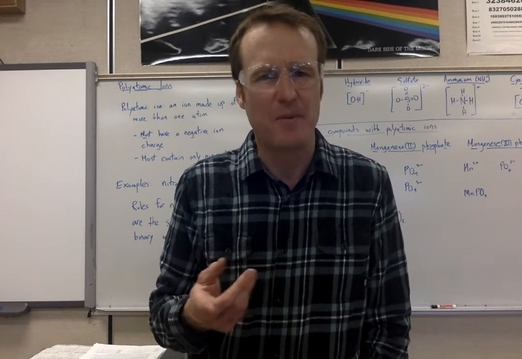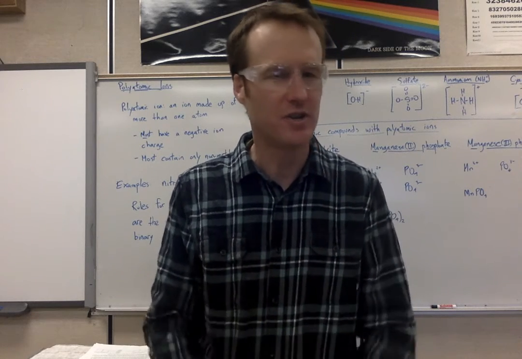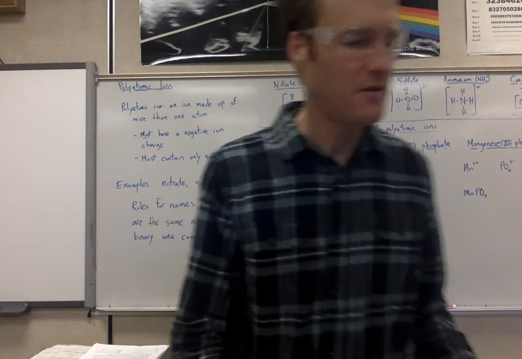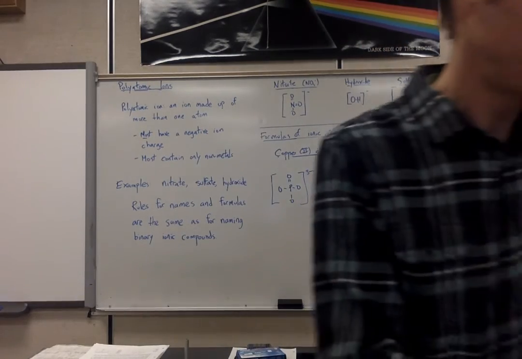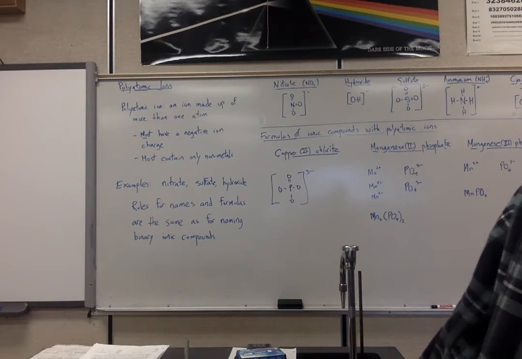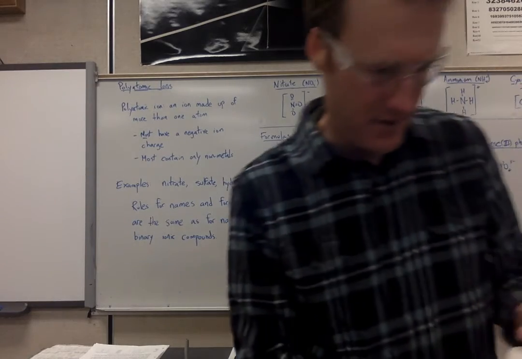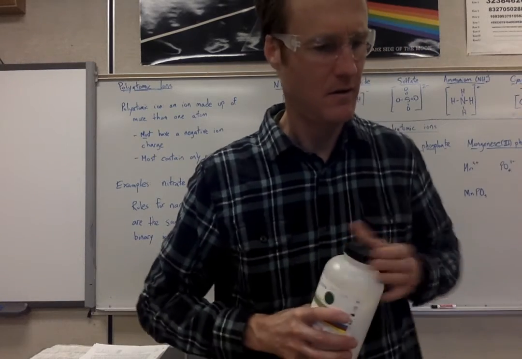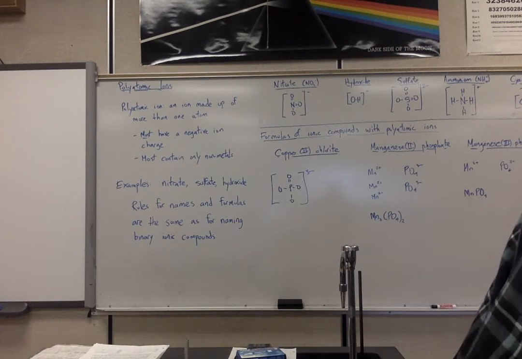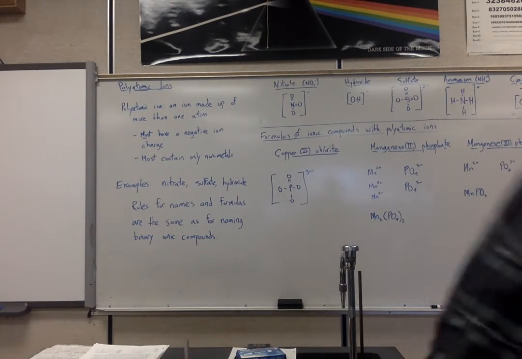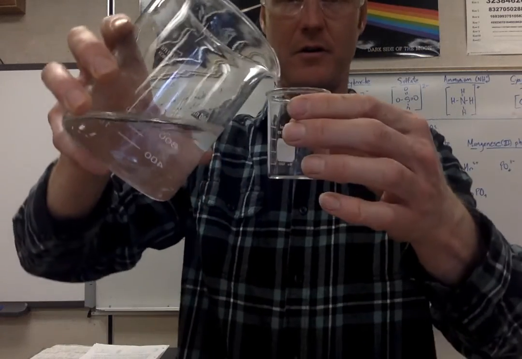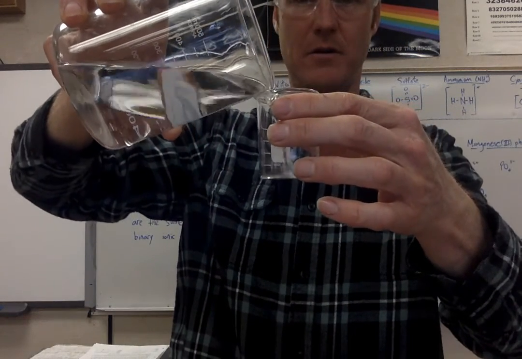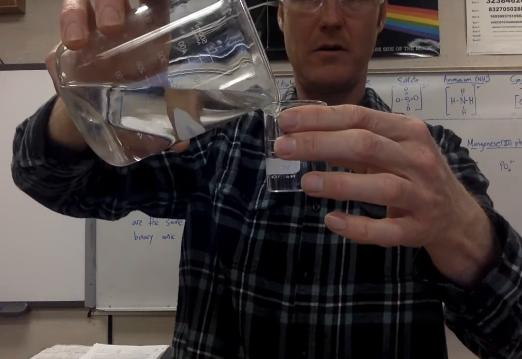Let's look to see what happens, though, when we take a clear solution of one thing and combine it with a clear solution of another. So let's get some, actually a rusty-colored solution of another. So let's get some of our thiocyanate. Some water here. All right.